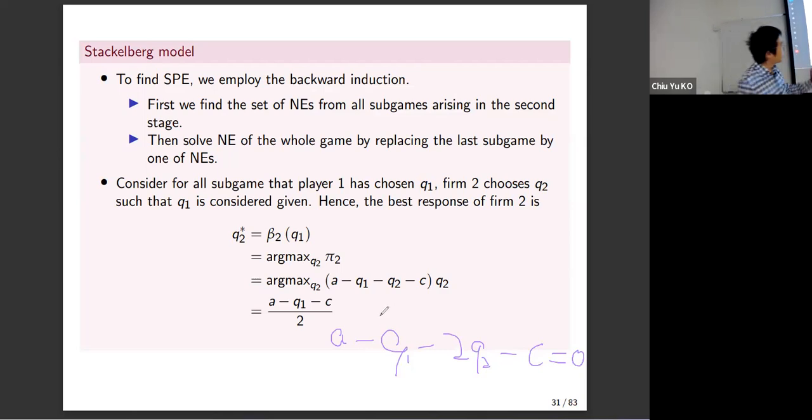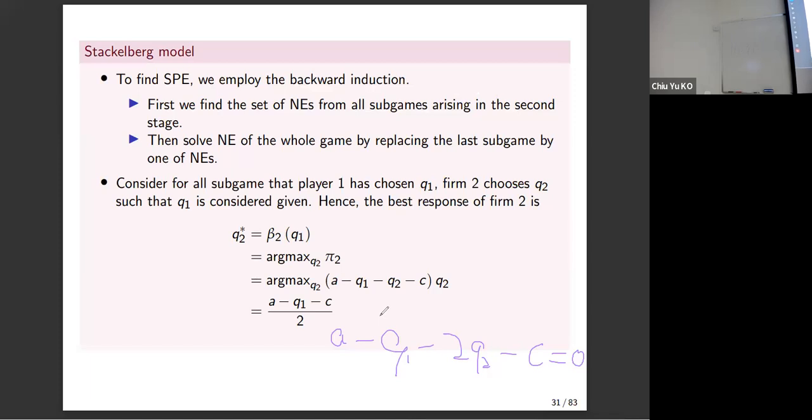Now, what does that mean here? This means that this is a strategy for player 2. Why? Because you tell firm 2, whatever Q1 was, here is Q2. So this is a function, right? Remember, this is very important. It's a strategy, not an action.